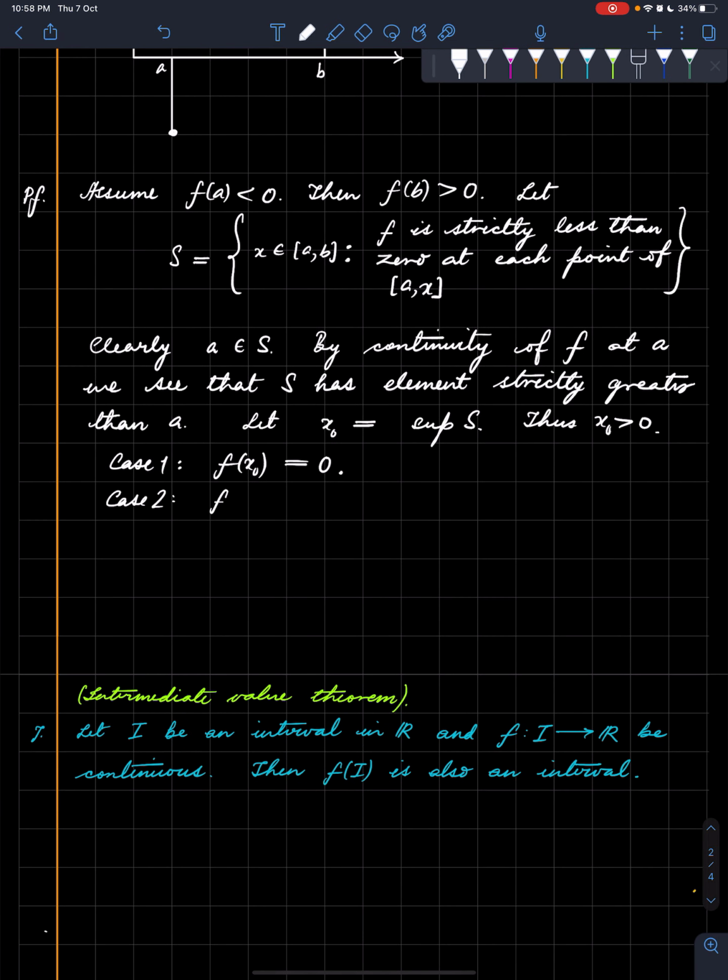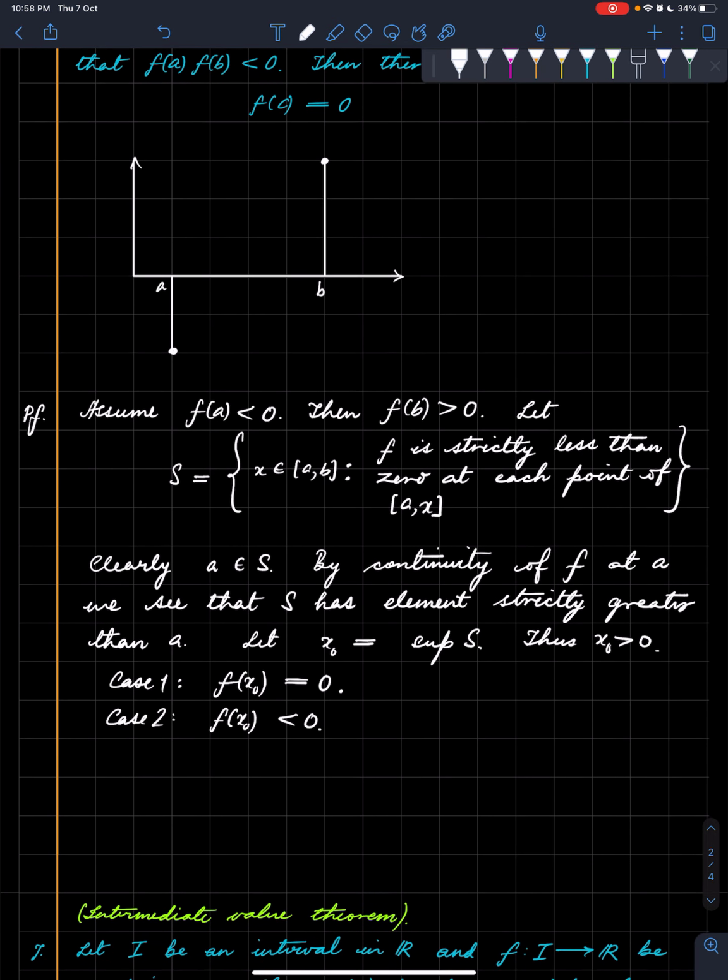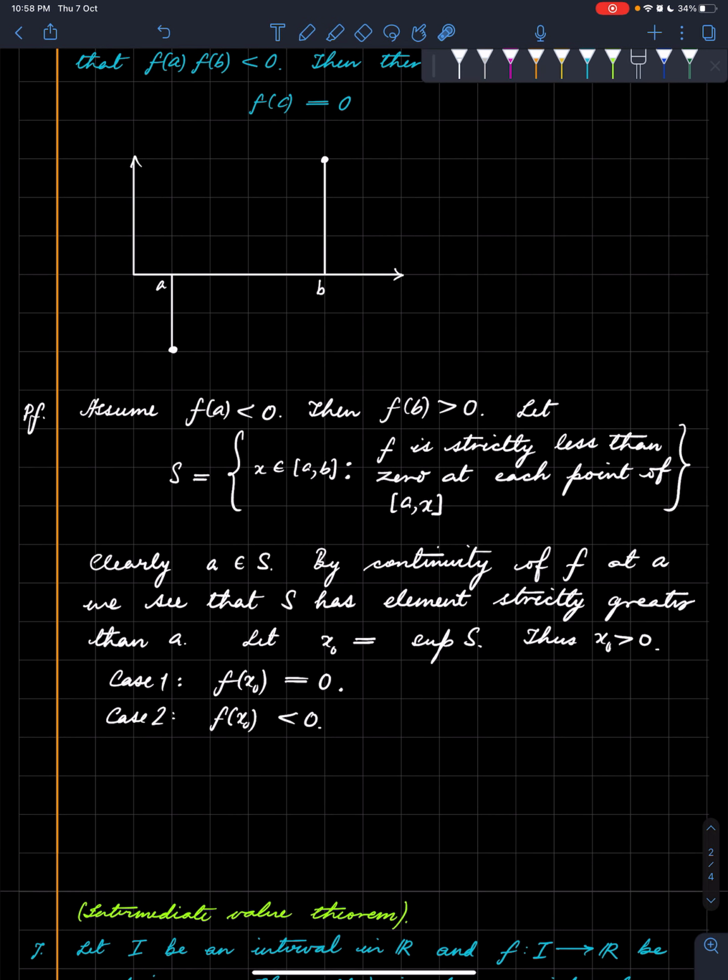Case 2 is that this is less than 0. Okay, if that were the case, then there is some point x naught here. Let's say this is x naught. And here also the function is negative, and the function is negative throughout this region. So this would be the graph of the function, something like this.